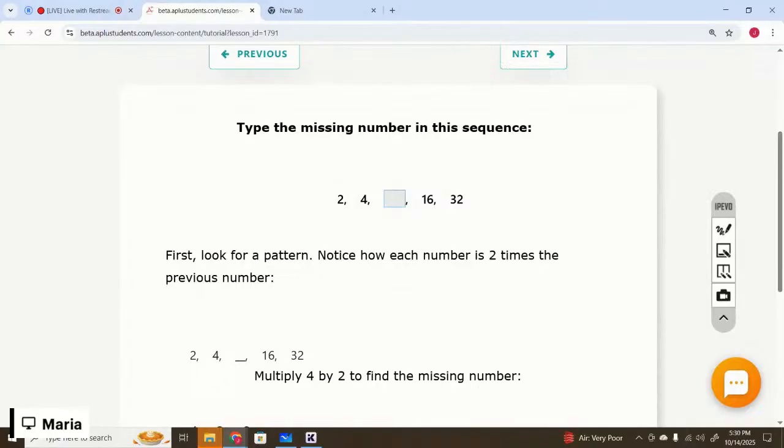That is 2, 4. 2 times 2 is 4. 4 times 2 is 8.